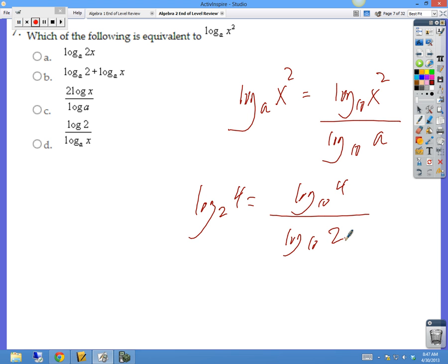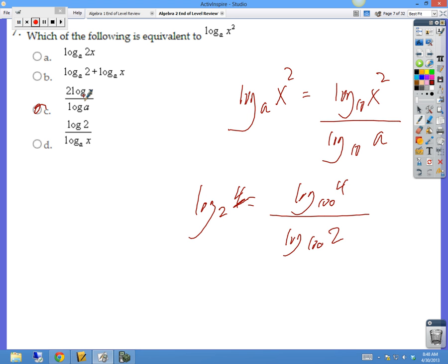So if you want to change the base, you have got to rewrite it as a fraction, and you write it in log of whatever base you want. I could do base 100, I could do base 1000, but this one is your numerator and this one is your denominator. So this guy matches up with, what was the answer for this one?